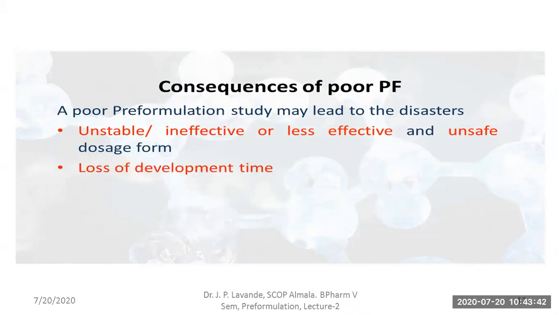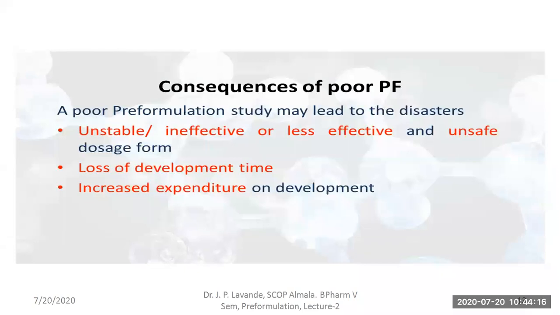That will also lead to the loss of development time. So there is a wastage of time, there is a wastage of money, increased expenditure on the development. And suppose the study fails, again we have to perform the study in order to bring that particular dosage form, so again there is a monetary input. We require the money, so that is going to increase the expenditure on the development.